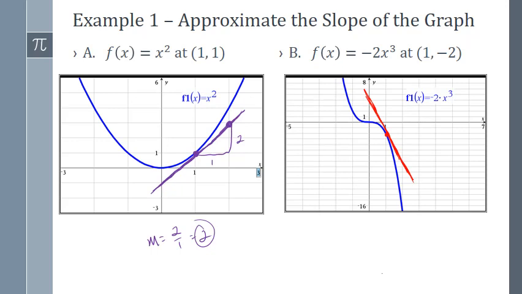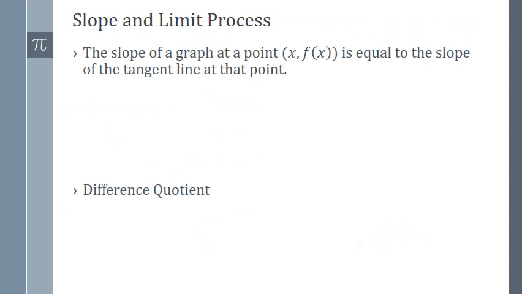Then I'm going to estimate my slope with my rise and my run. Go over 1, down 1, 2, 3, 4, 5. It looks like it might be between 5 and 6, 5.5-ish. So my slope is about negative 5.5 over 1, so about negative 5 approximately. Remember, we're approximating, so it doesn't have to be exact. We're just trying to get an idea of what our slope might be.